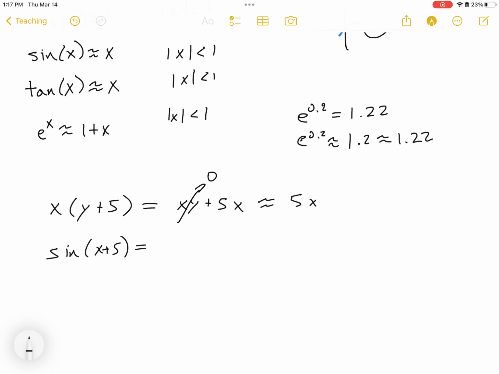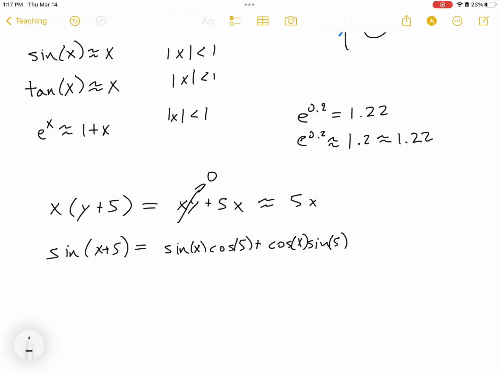So the sine of (x plus 5) is going to be equal to the sine of x times the cosine of 5, plus the cosine of x times the sine of 5. Put in some parentheses here. So it's important to remember that the cosine of 5 and the sine of 5 are just constants, which is fine to have in a linearized equation.